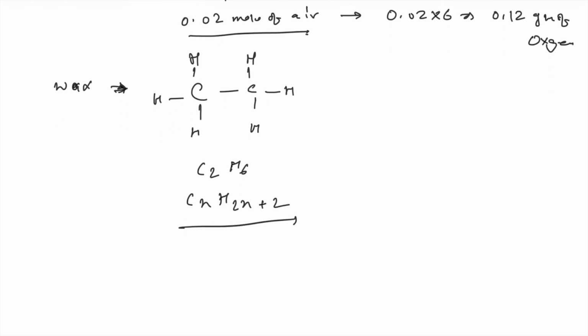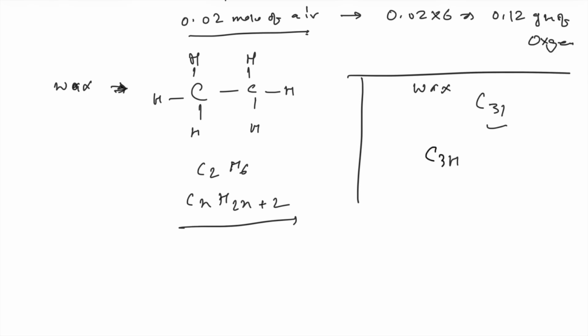And the wax is of C31 order of carbon of alkane. So C31, H would be 2 times 31 plus 2, which is 64.